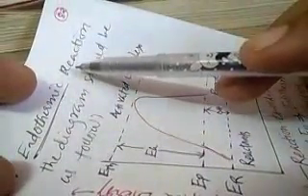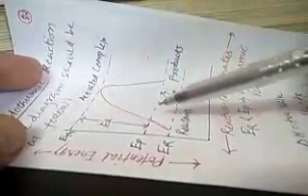Now we want to understand the same for the endothermic reaction. An endothermic reaction is the reaction in which the energy is not released but energy is required. We can understand it from the diagram: this is the energy of reactants.